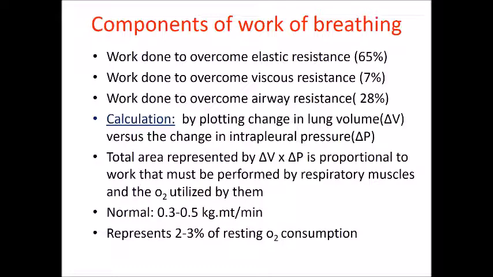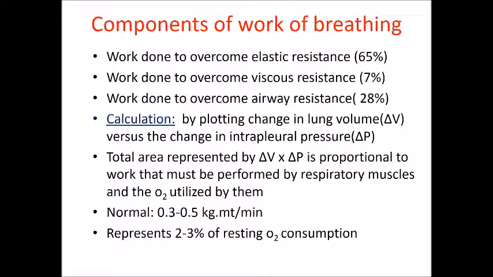Now how to calculate this work done? By plotting change in the lung volume versus change in the intrapleural pressure. So in the last lecture we discussed the compliance diagram, delta V upon delta P. The same diagram is used for calculation of work of breathing.